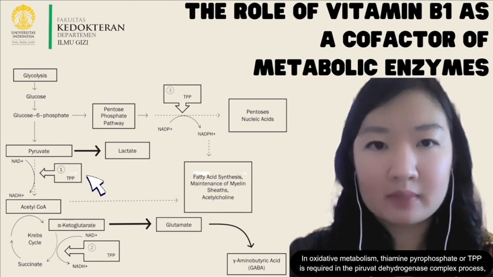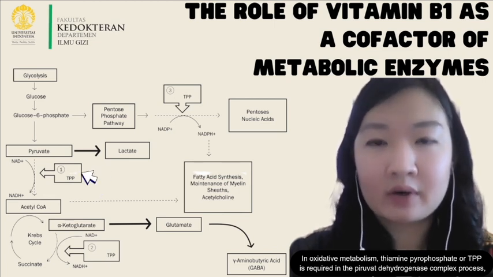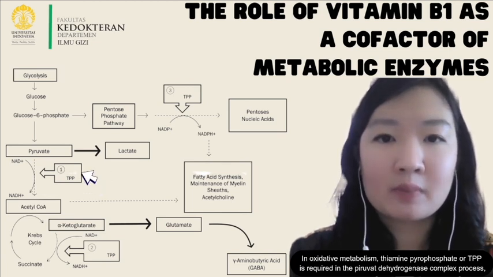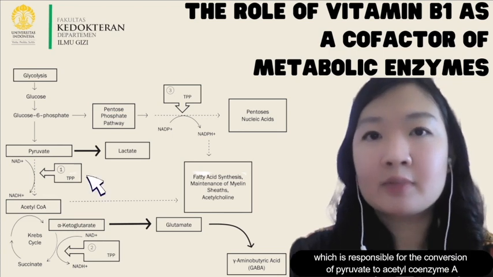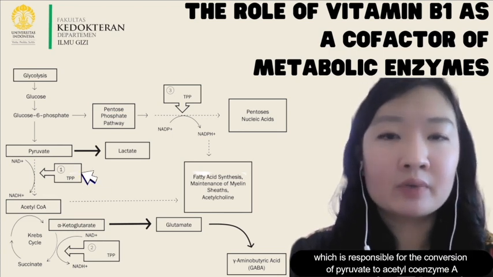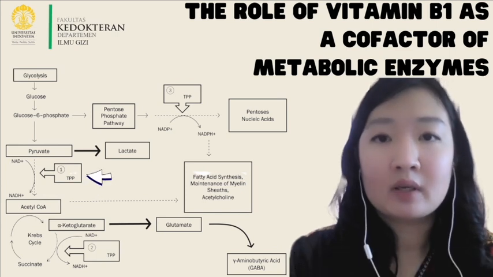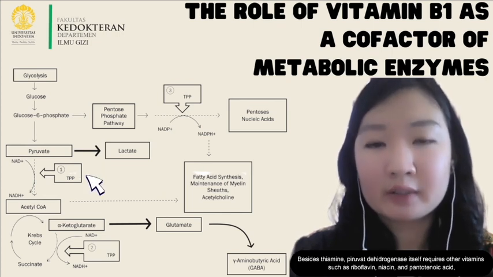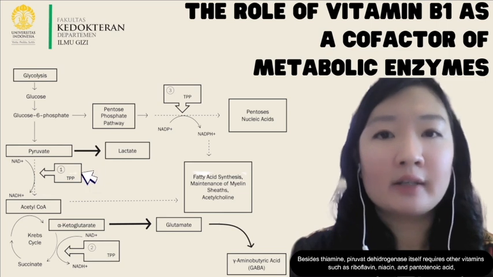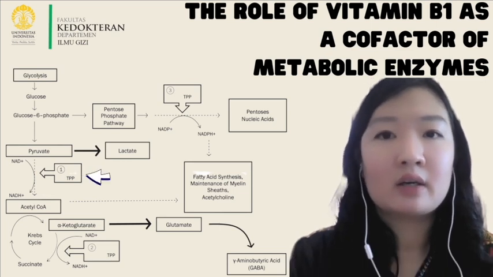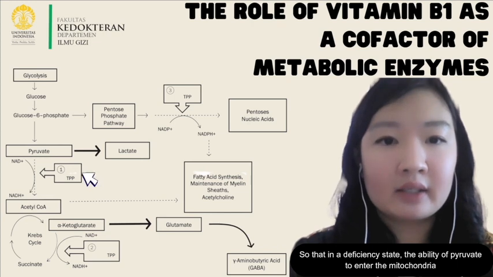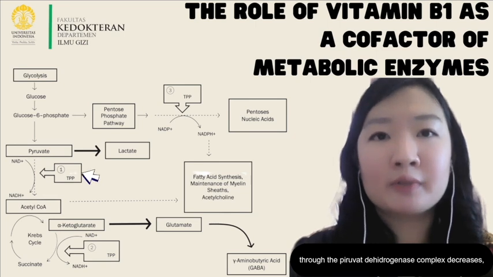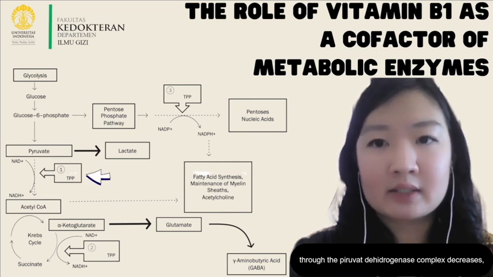In oxidative metabolisms, thiamine pyrophosphate or TPP is required in the pyruvate dehydrogenase complex process, which is responsible for the conversion of pyruvate to acetyl coenzyme A. Besides thiamine, pyruvate dehydrogenase itself requires other vitamins such as riboflavin, niacins, and pantothenic acids, so that in a deficiency state, the ability of pyruvate to enter the mitochondria through the pyruvate dehydrogenase complex decreases.